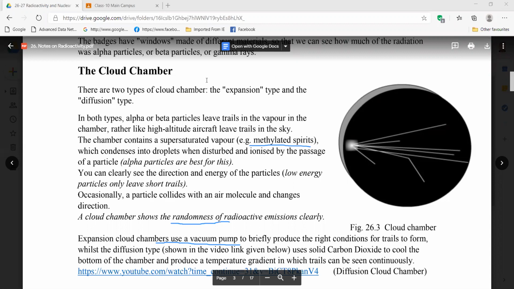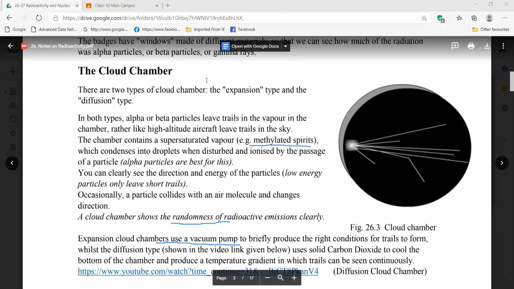Okay. So finally we are getting the detectors. Why are we using the detectors? To detect the amount of radiation. Yes, because by our feelings or senses we cannot detect radioactive emission.